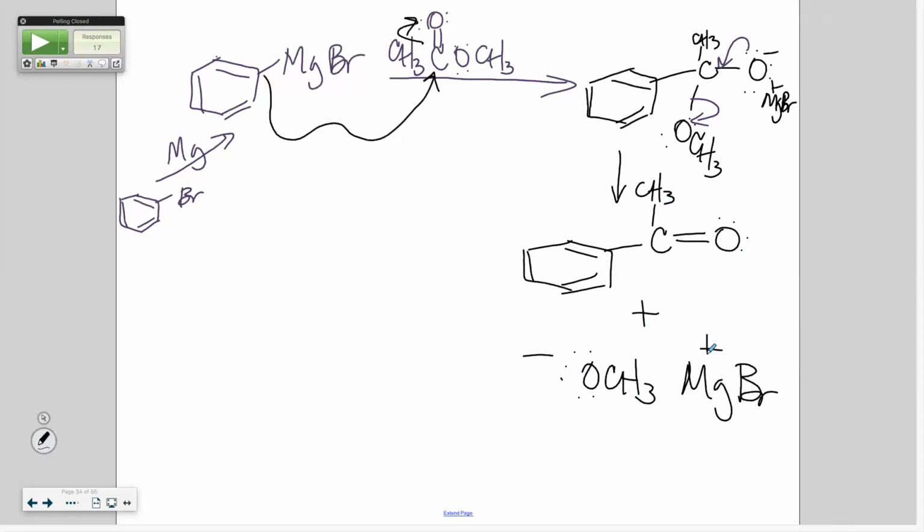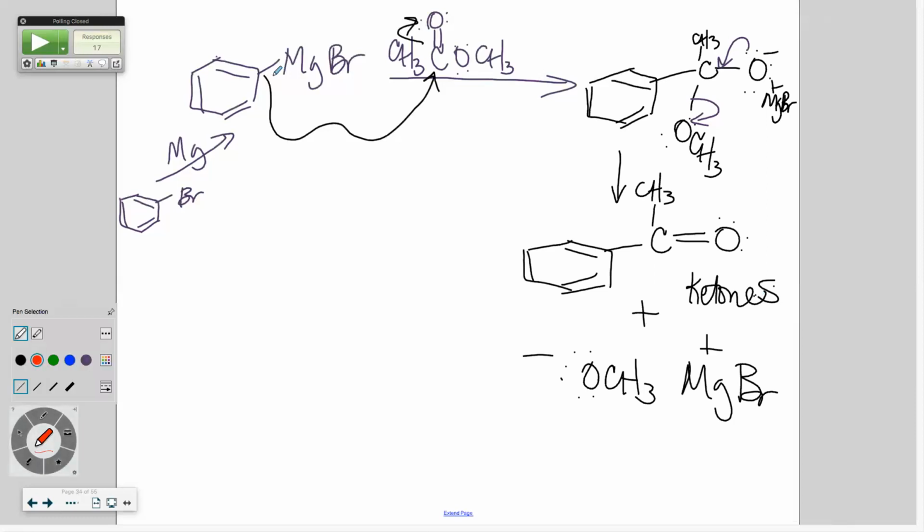Okay, now what kind of compound did we just make? What's the functional group? Ketone. What do you know about ketones? Wow. And Grignard reagents. Don't they react? So what's going to happen is a second one of these is going to react with this.